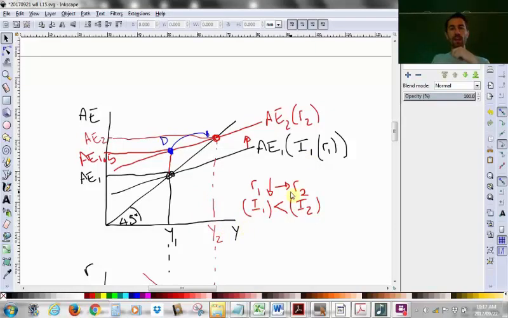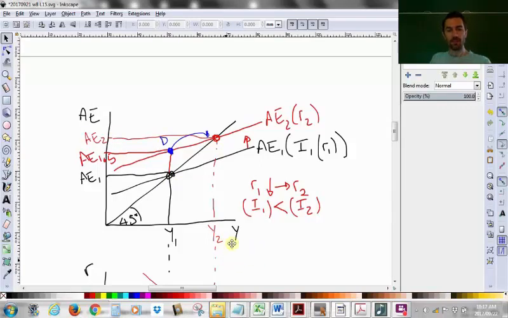In other words, if we start at some interest rate R1 and we lower the interest rate to R2, we increase aggregate expenditure, and equilibrium in our model increases in terms of output as well as expenditure. So we move from our initial equilibrium point to a new equilibrium point at a higher level of output.